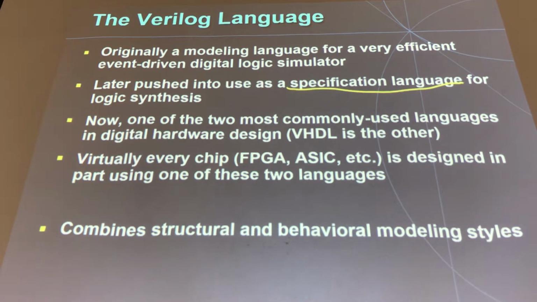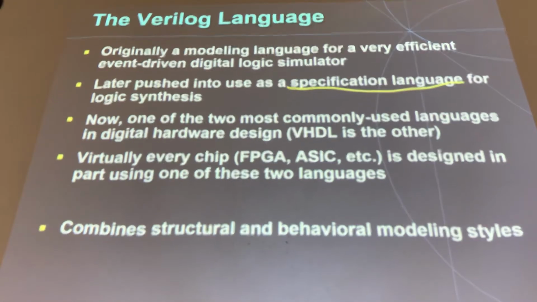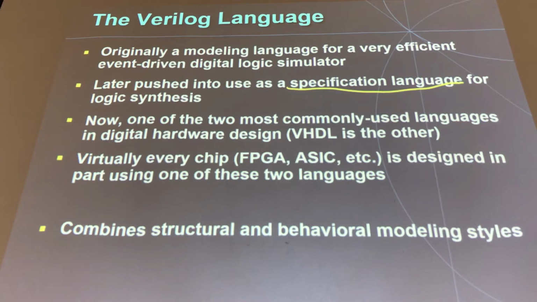Virtually every chip nowadays, FPGA, ASIC, and so on and so forth, is designed in part using one of these two languages because it's too time consuming. If you want to draw a layout for a custom design of a complete chip, no way. It consumes too much time, maybe 1 year, maybe 2 years to design a chip.